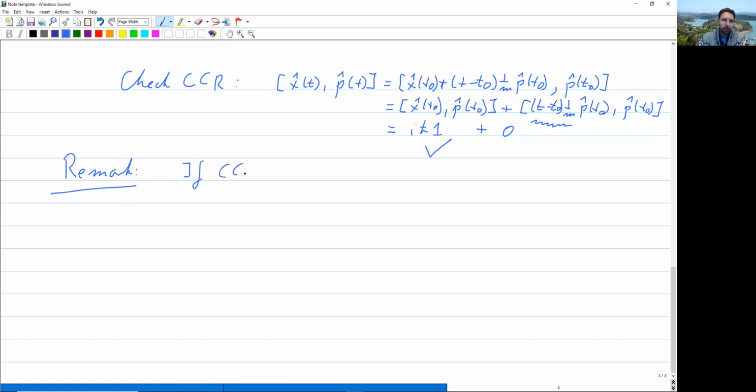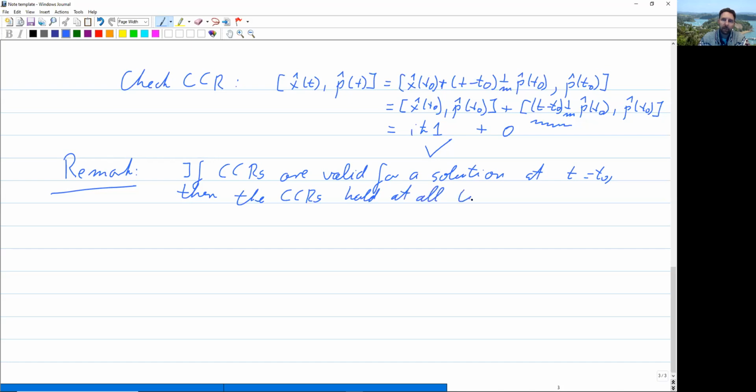If canonical commutation relations are valid for a solution at t equal t naught, then the canonical commutation relations hold at all time.